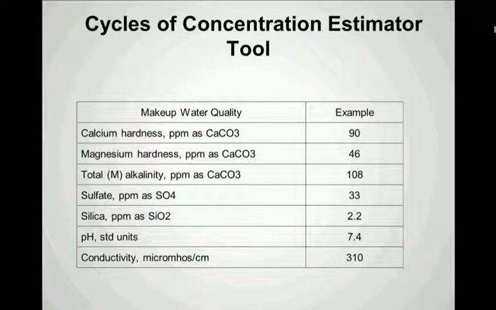So if we can get an analysis of the makeup for calcium and magnesium hardness and alkalinity and sulfates, silica, the pH of the water, the specific conductance or conductivity of the water, these values are readily available by testing or from your vendor. And once we know these values, we can plug those into the cycle of concentration estimator tool, which is in your toolkit, and allow it to calculate a recommended cycle of concentration.